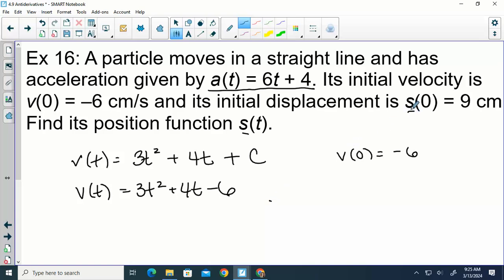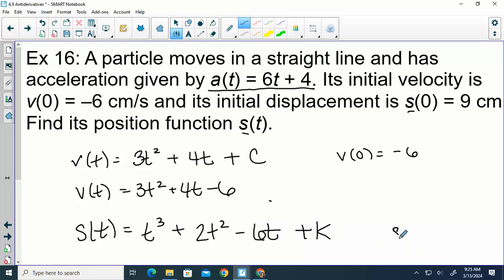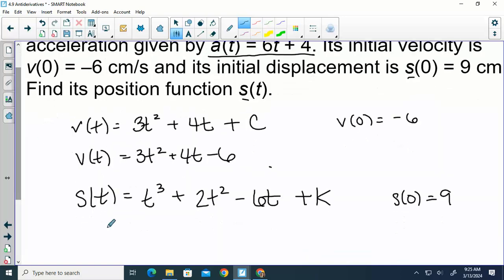Then from here, if I want position, the antiderivative would be t cubed plus 2t squared minus 6t plus a constant. But I know if I put in 0 for all my t's, we get 9. So that tells me my constant is 9.